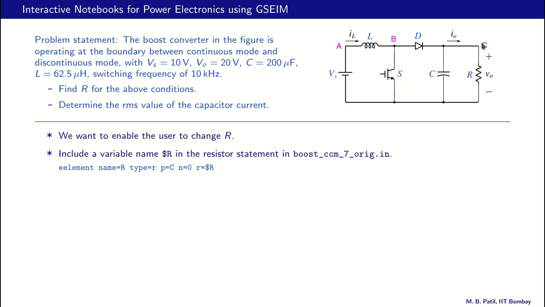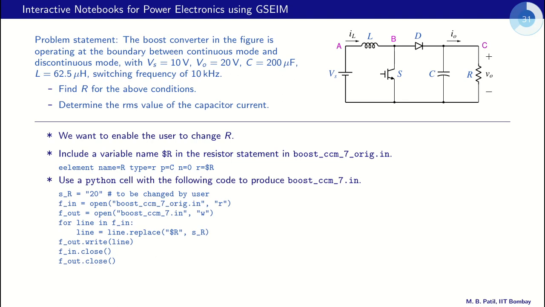So the resistor is between C and 0, the ground. And instead of saying R equal to 10 ohms or 15 ohms, we say R equal to some variable name like $R. Now what we do is use this code here to essentially replace that $R with the value that the user has in mind.